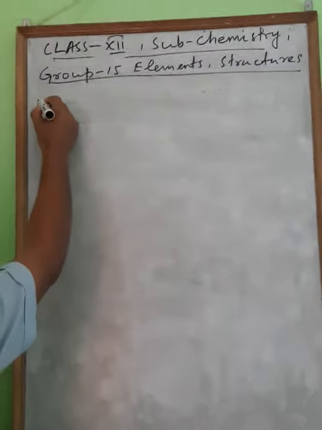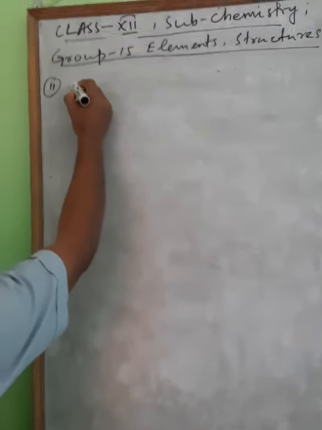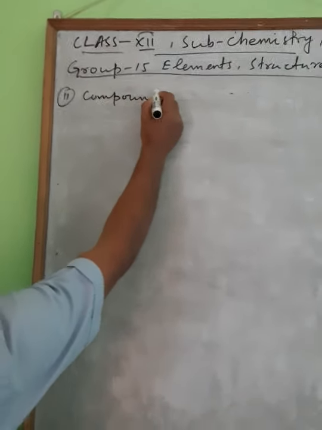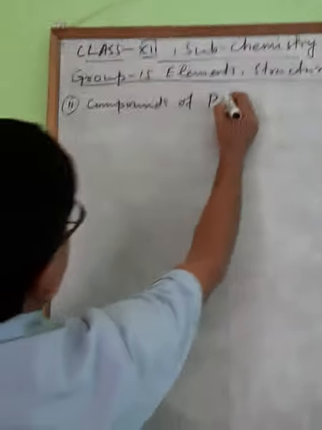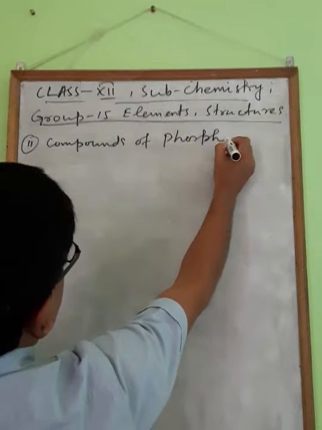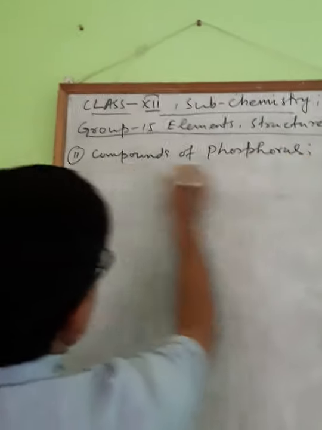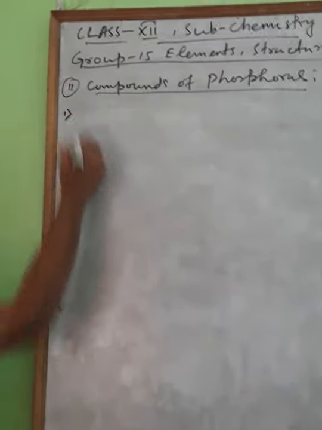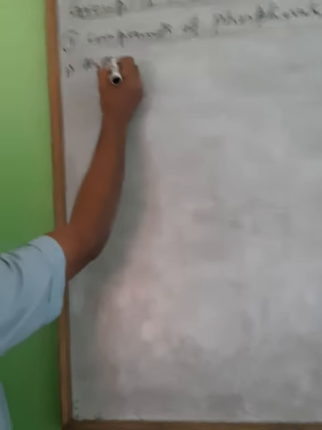Number 2, compounds of phosphorus. Now take number 1. What will you take? H3PO3.